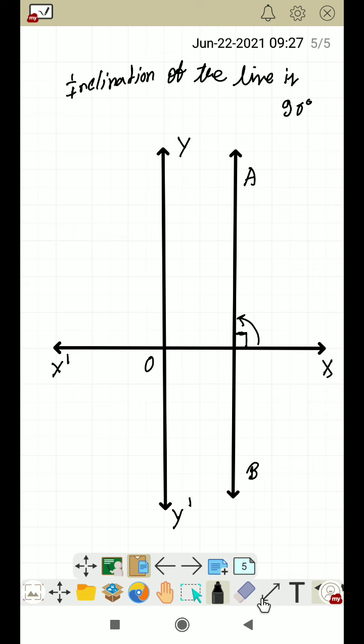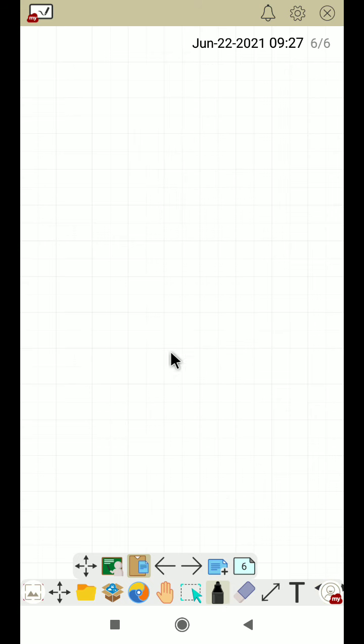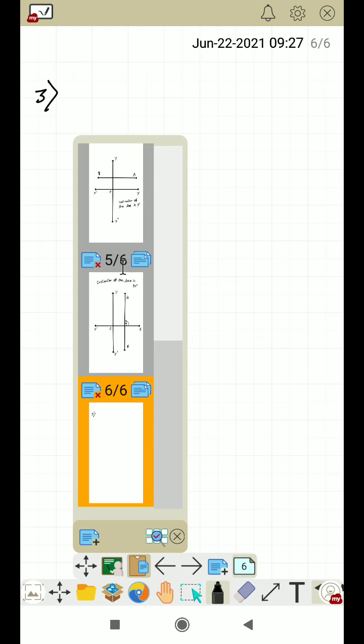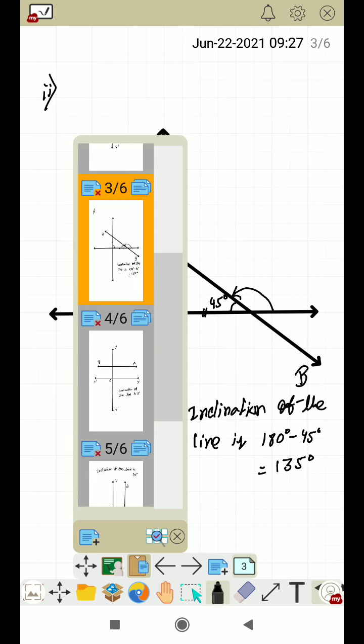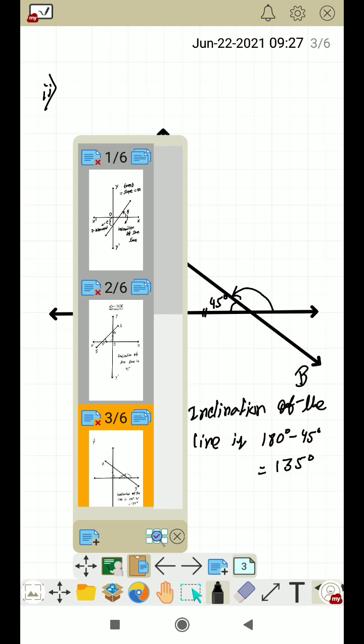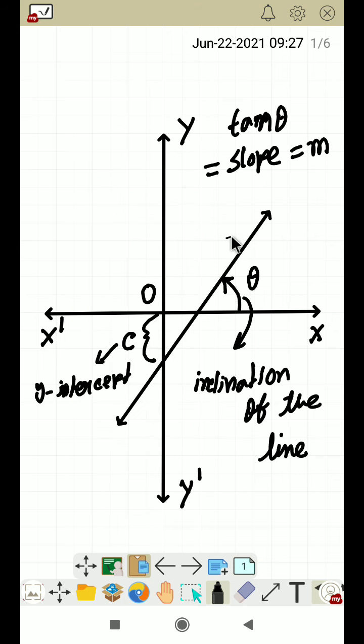Now go to the next one, question number 3. Here it asks, write down the slope of the line whose inclination is given. So how to find the slope of a line if the inclination is given? Look here, slope is equal to tan theta. If the angle is given, the tangent value of that angle will be the slope of the line.